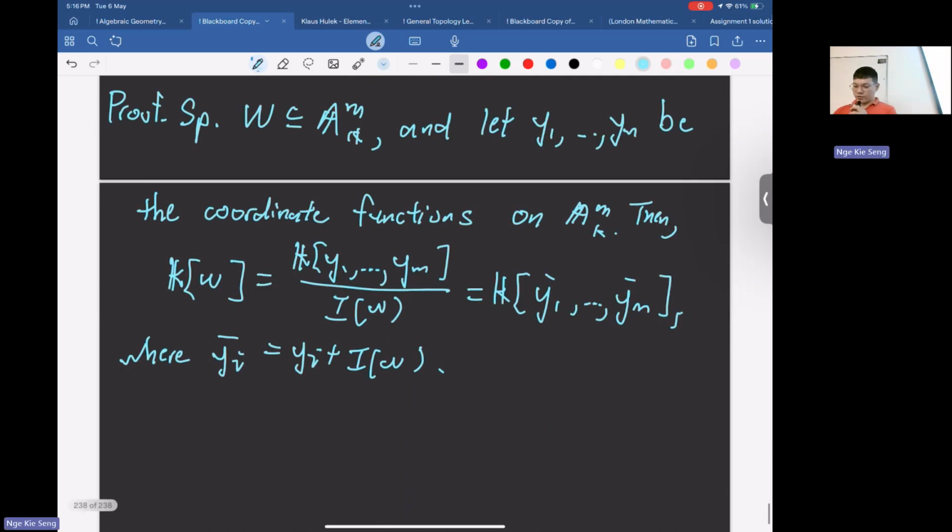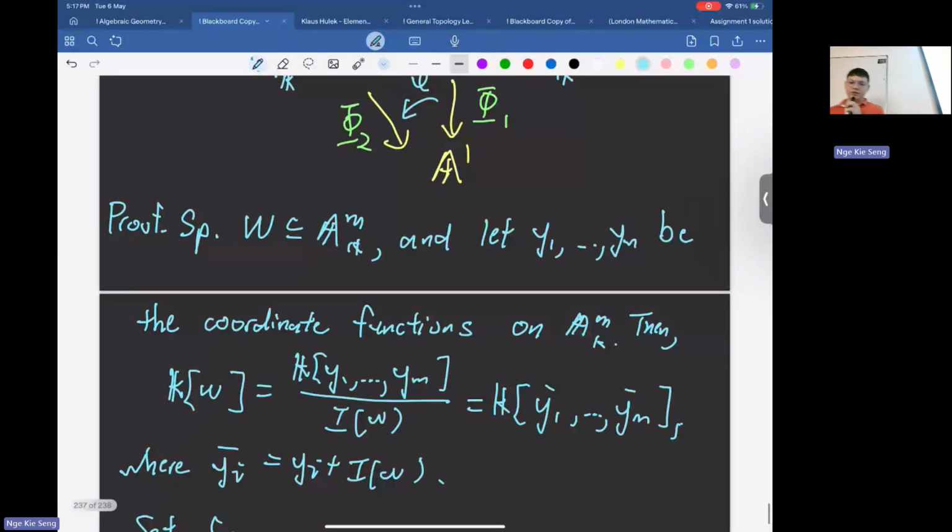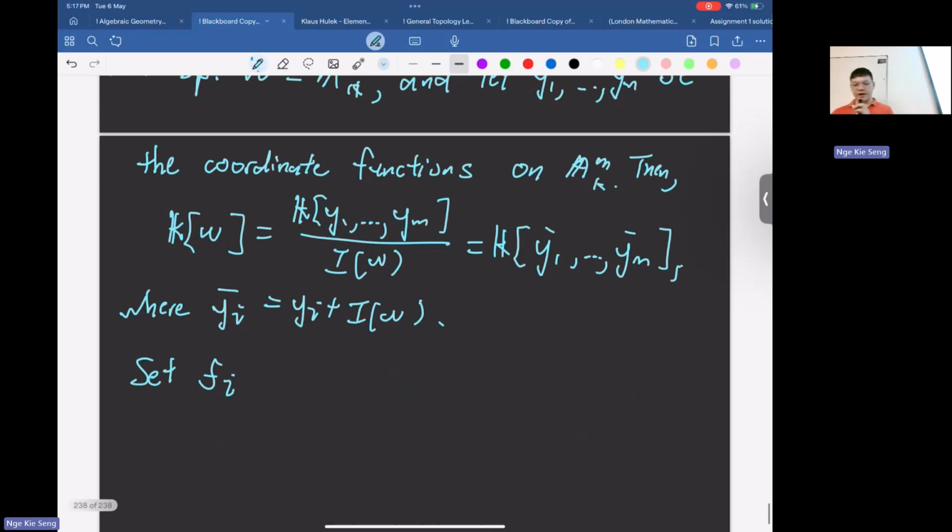So how do we define f_i then? You want to have a polynomial map from the affine space A^n to the affine space A^m. So you need to define what the f_i are here.